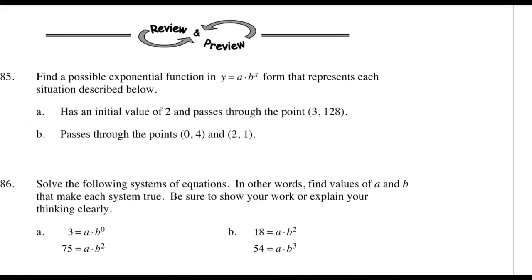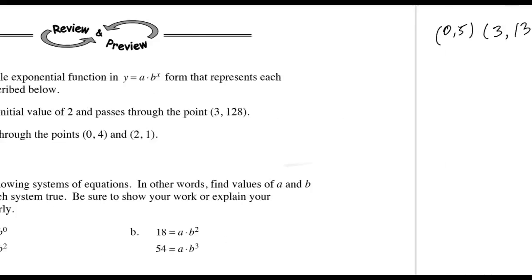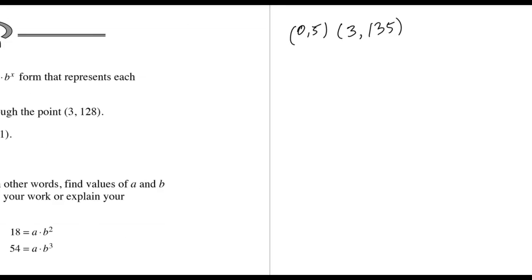Okay, what do I do when it asks me to find an equation that passes through 2 points? Well, here I'm going to have 2 different points that I'm going to evaluate, 0, 5 and 3, 135. First of all, I could say that y equals a times b to the x. Always start with that formula, right? The first point, 0, 5, gives you 5, because that's the y value, equals a times b.